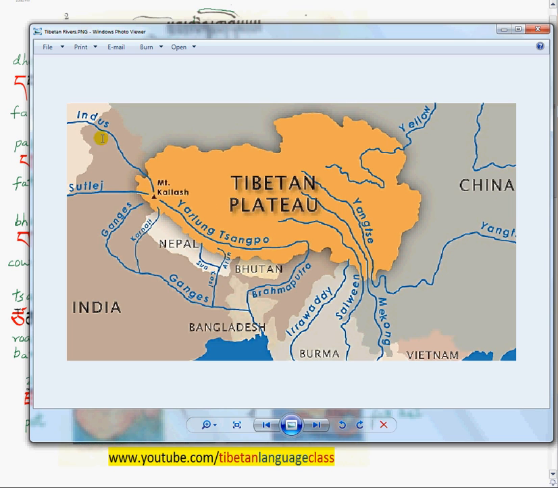So all these rivers from Pakistan, India, I think a part of Afghanistan also, Nepal, Bhutan, Bangladesh, Burma, Vietnam, China, all these major rivers, they all originate from Tibet.